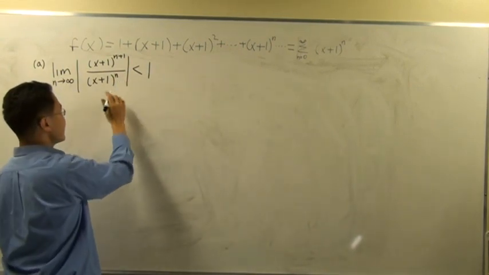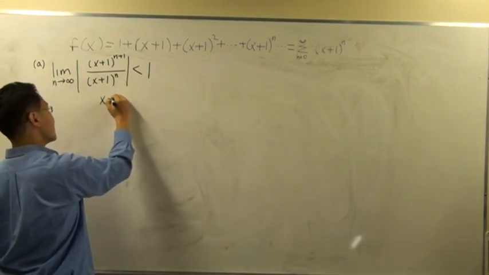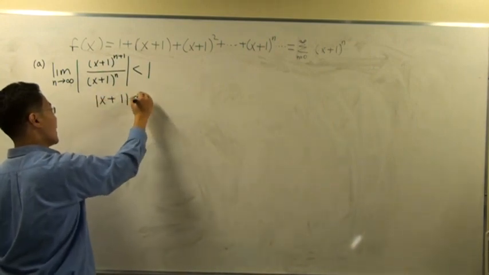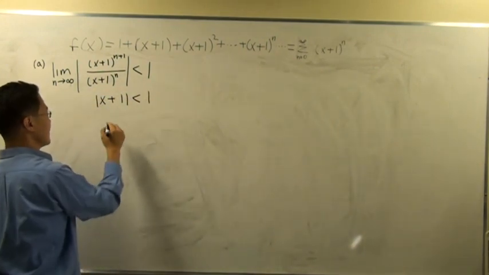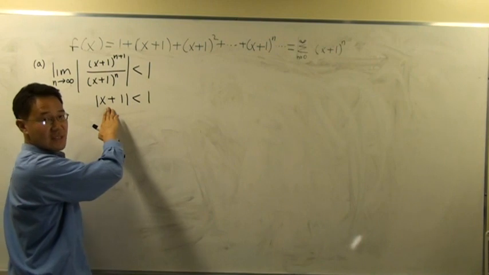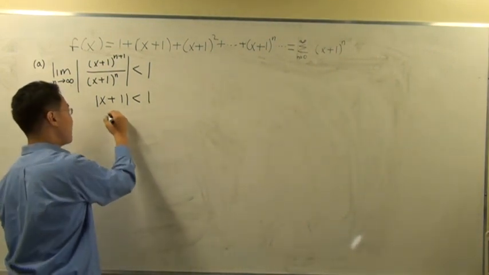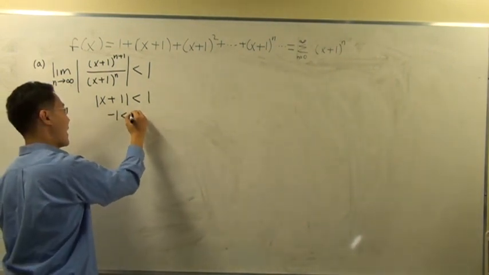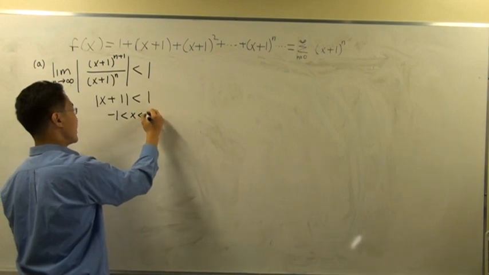So this expression is simply |x plus 1| has to be less than 1. So therefore, x is confined between minus 1 and 0.